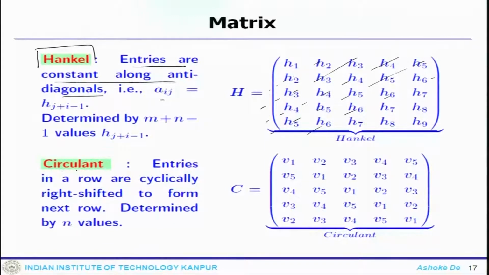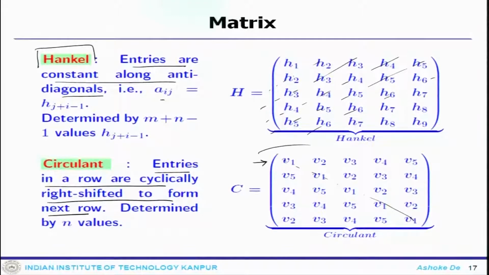Okay. Then circulant: here entries in a row are cyclically right shifted to form the next row. So, these are my diagonal elements, and entries in a row are cyclically right shifted to form the next row. This is the first row, which has V1, V2, V3, V4, V5.